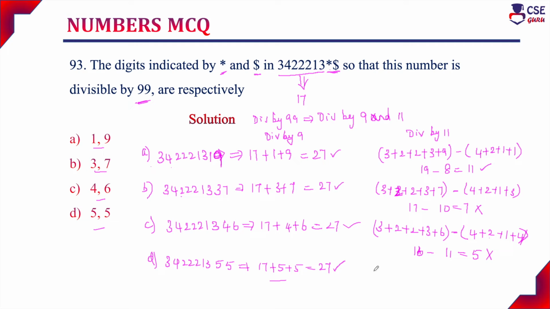So the divisibility rule for 11 is 3 plus 2 plus 2 plus 3 plus 5 minus 4 plus 2 plus 1 plus 5. So the answer is 15 minus 12, which is 3. It is not divisible by 11. So the correct answer is option A. Star value is 1 and dollar value is 9.